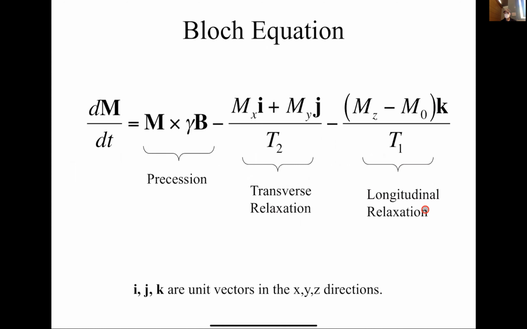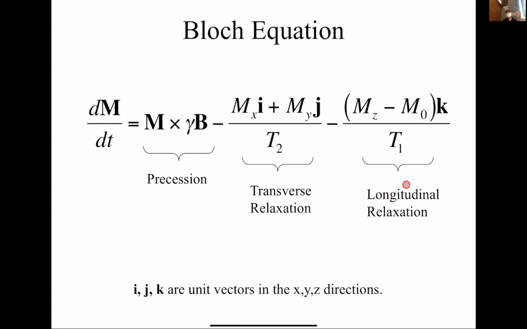Today, we're just going to talk about how we can put all these things together. This is the famous Bloch equation, named after Felix Bloch. It just says dM/dt is equal to M cross gamma B. That's the precession we talked about, the part that gives rise to the precession. At the same time, we're going to have Mxy decaying away with transverse relaxation, and we're going to have Mz growing back with T1 relaxation.